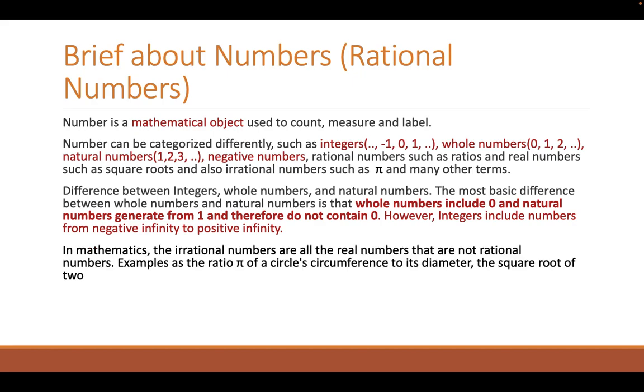Next content. In mathematics, the irrational numbers are all real numbers that are not rational numbers. We will get to irrational numbers gradually, but from an understanding point of view, just consider that an irrational number is one which is not a rational number.